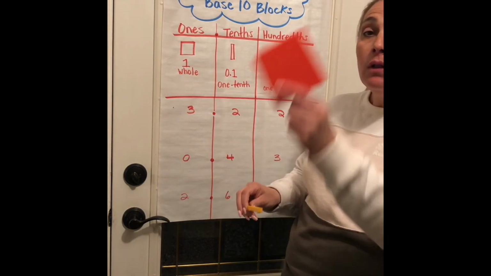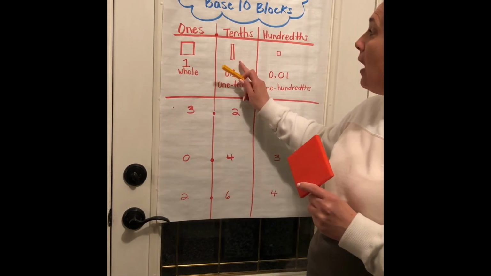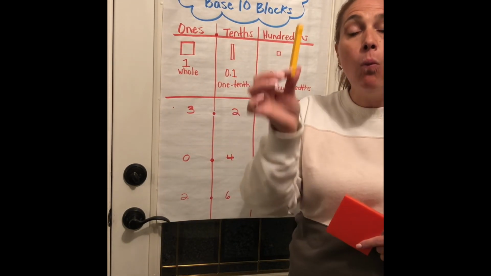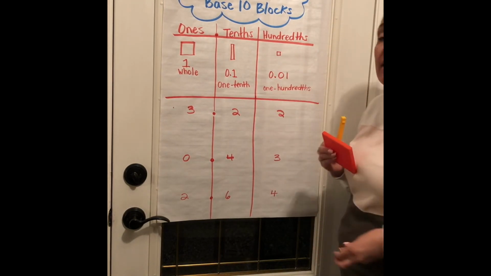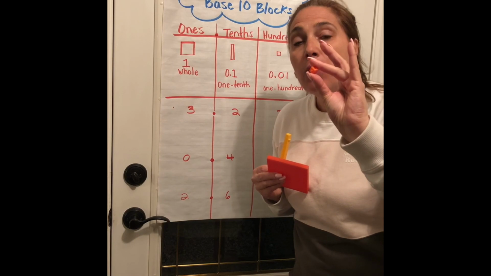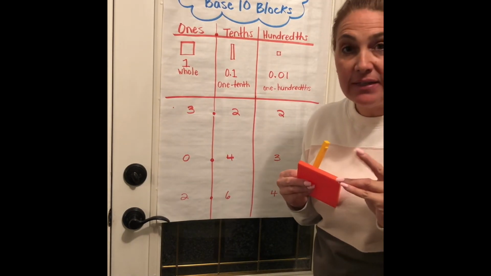A whole square represents 1 whole. A rod represents 1/10 of a decimal. And the little tiny cube represents 1/100th of a decimal.